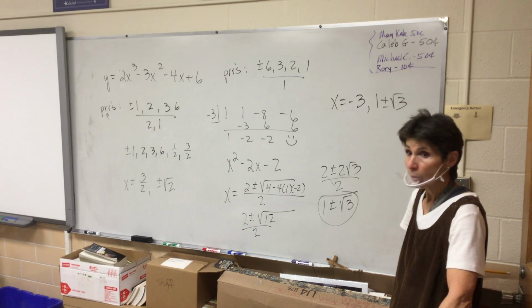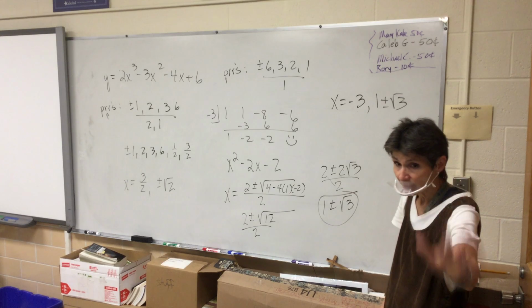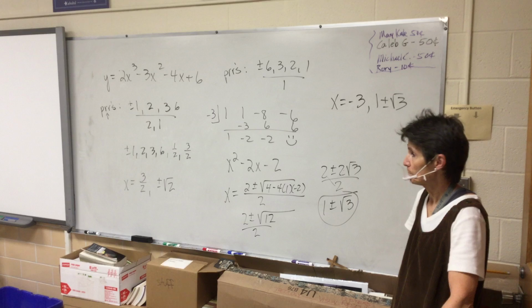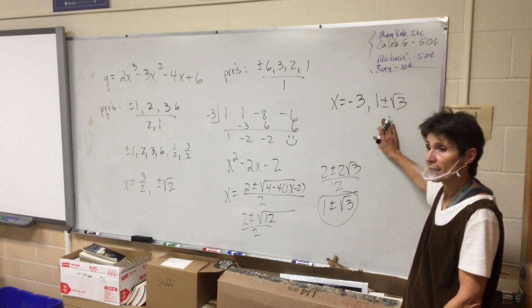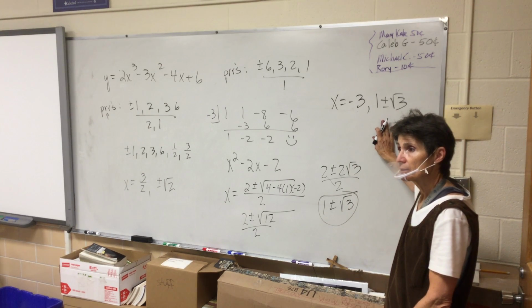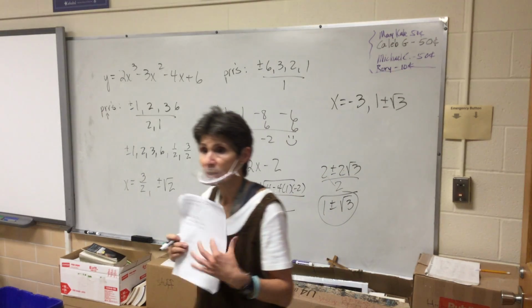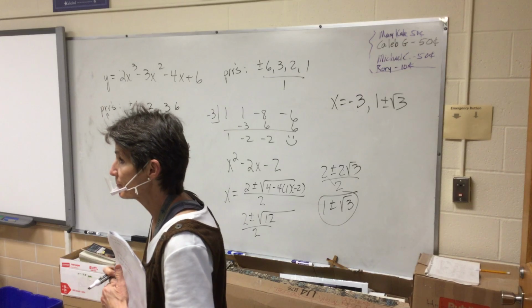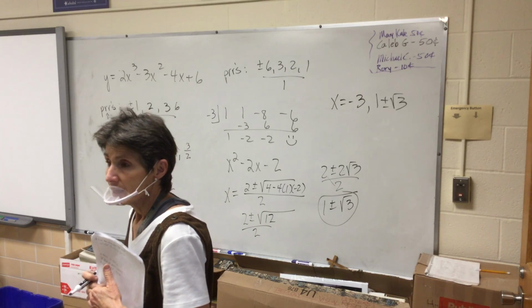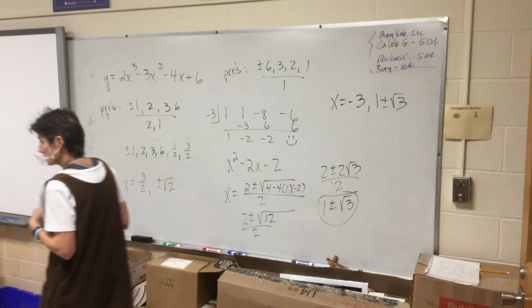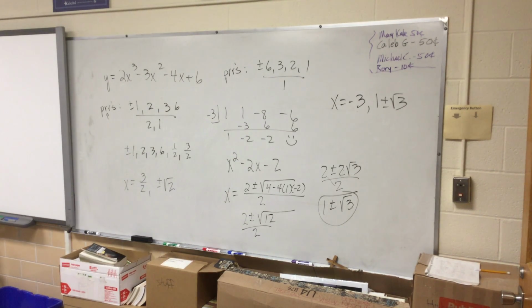We can't forget our quadratic formula and all that stuff we learned before. It's still all important. We still have to use it. How many answers did I ultimately come up with? 3. That is exactly what should happen, because what's the degree of the equation? 3. And the corollary to the fundamental theorem of algebra says if you got a degree 3, you're going to have 3 solutions.